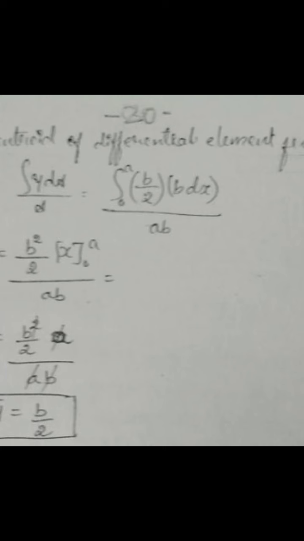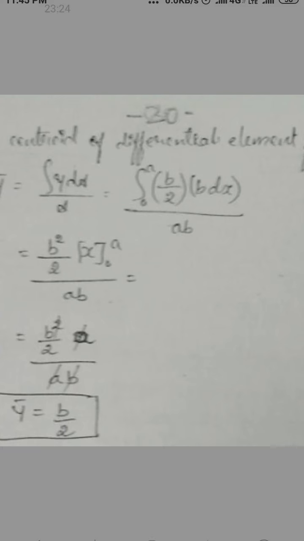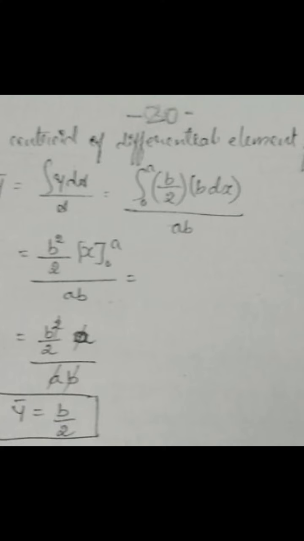b divided by 2 and ab are both constants, so you remove them outside, and if you integrate, what remains in the other bracket is b into dx. b is also a constant, so you remove it outside. So totally b square divided by 2 comes out of the integration, and you are left with only dx. If you integrate, you get x with the lower limit 0 and upper limit a, divided by ab in the denominator.